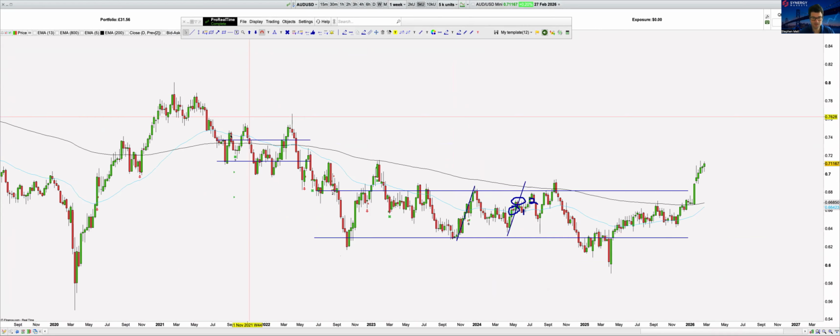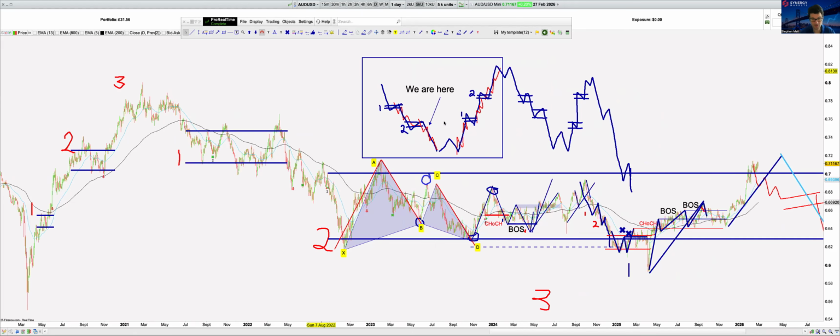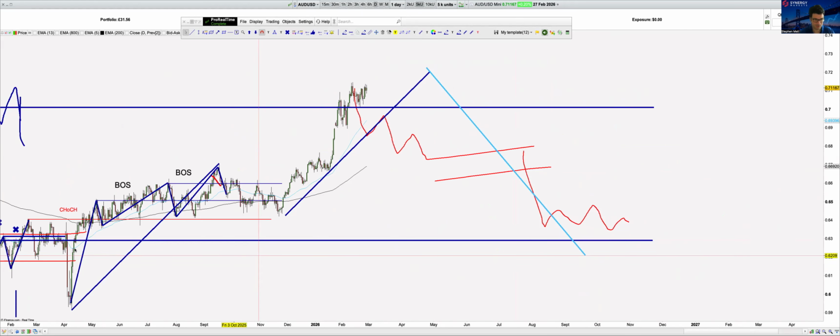AUD USD. So really nice market cycle. One, two, that's not enough of a three, and we haven't come down and tested the low. So this is absolutely testing these upper levels. It is one of the best looking setups up here. I do believe we're there, and I do believe we're going to roll over, and we are about to complete an ABCD in blue.